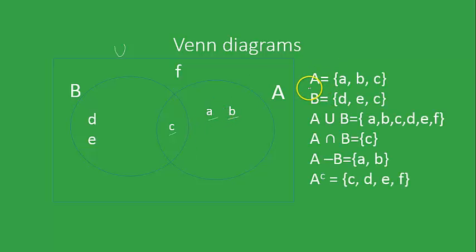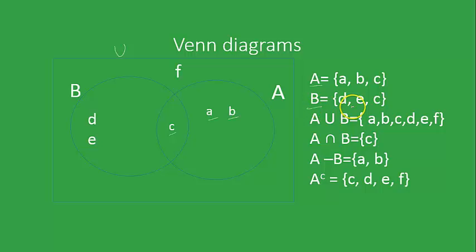So first, here are the listed sets formed by using different manipulations. The first set is A, which is written as A, B, C in the roster notation.